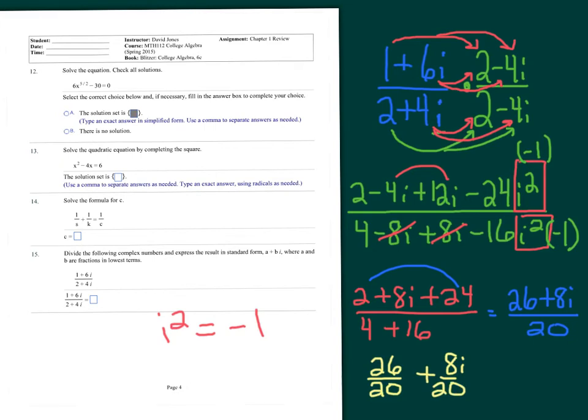Okay, both of those can reduce. 26 over 20, those reduce by 2, and we've got 13 over 10 plus the second fraction reduces by 4. So we've got 2 over 5i, and ultimately that's as far as we can reduce that.